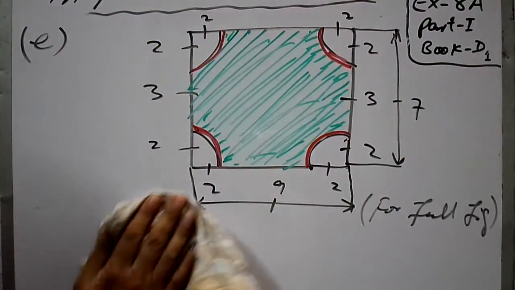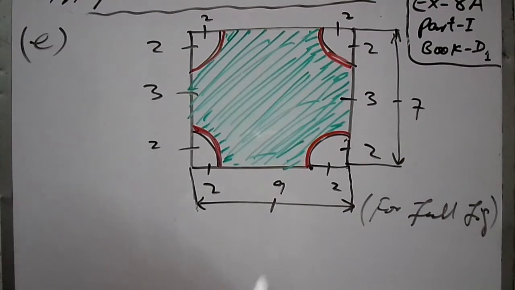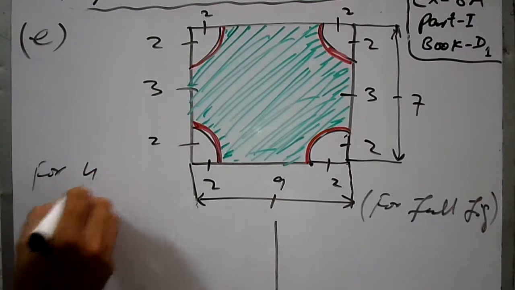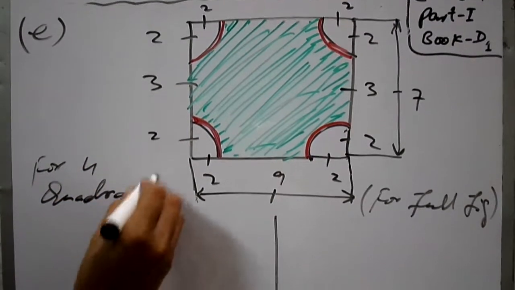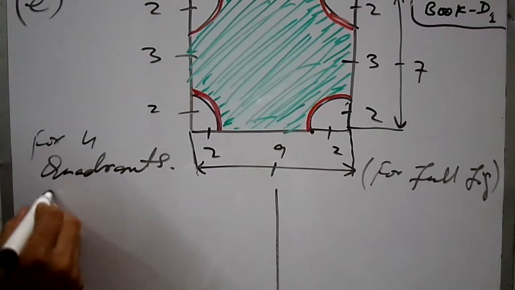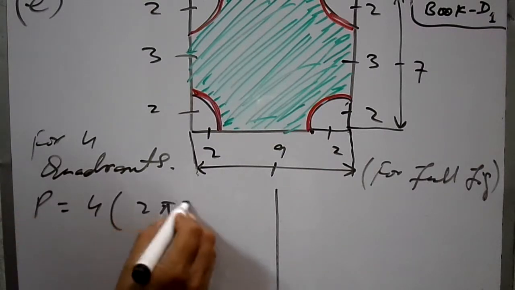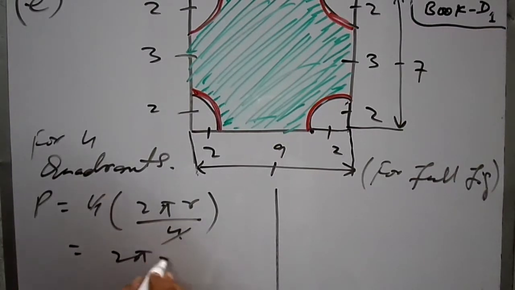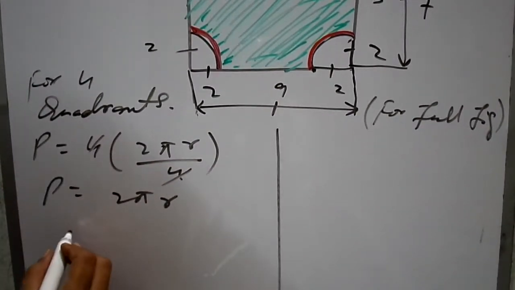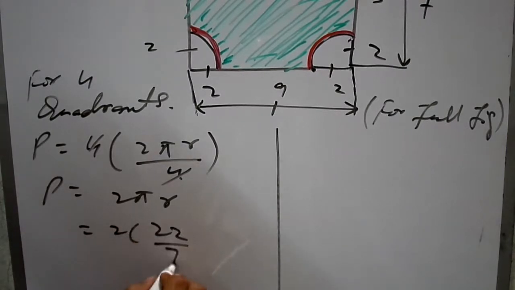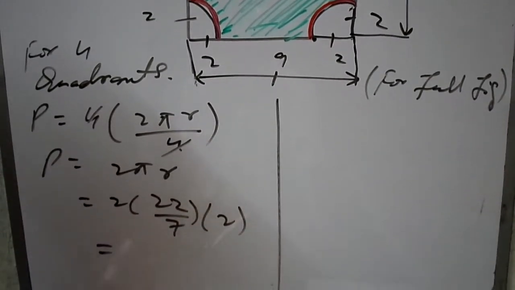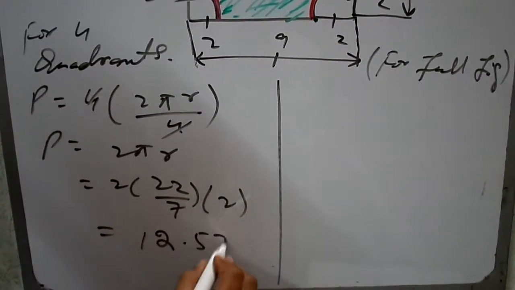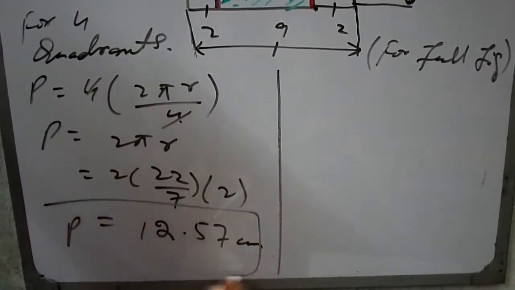Similarly, you have to find the perimeter of 4 quadrants, and the perimeter for the full figure. The perimeter for 4 quadrants is 2 pi r by formula, you should note it. After simplification you will get 2 pi r. So putting the values, 2 into the value of r, you will get 12.57 centimeter, that is your perimeter.